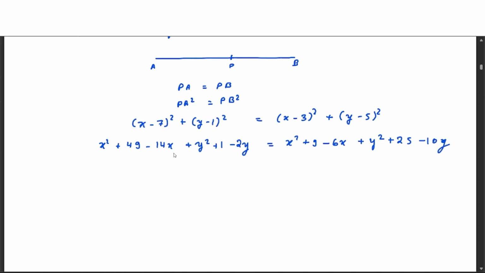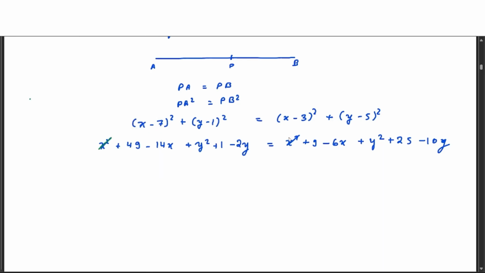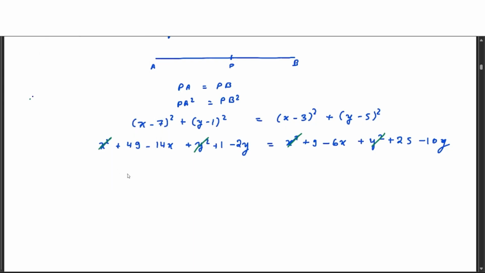Now you can see you can cancel this x square. I can change the color so you can understand. So you can cancel this x square and this x square, and same way you can cancel y square and y square. Now what you have left, you can bring to one side. So this 6x will come this side, so 6x minus 14x.